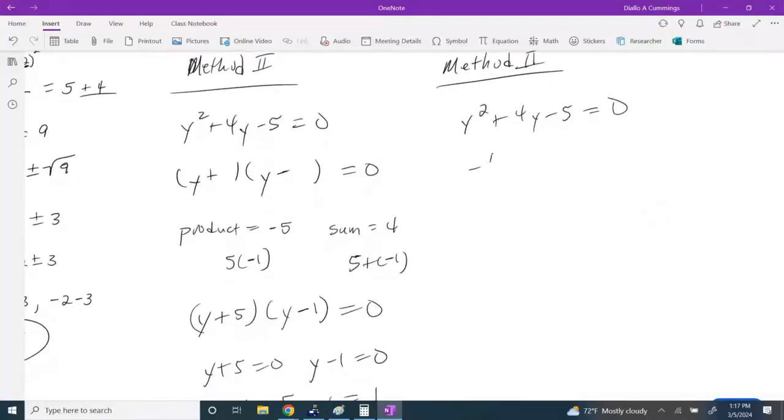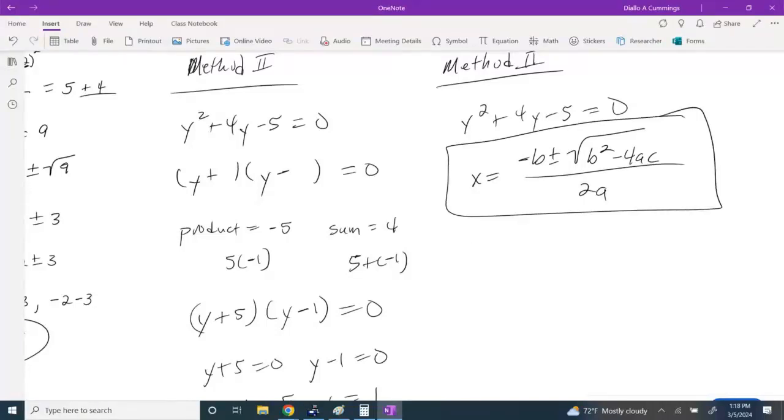So the quadratic formula is x is equal to -b plus or minus the square root of b squared minus 4ac all over 2a. A is going to equal the coefficient of your second degree term, which is 1.